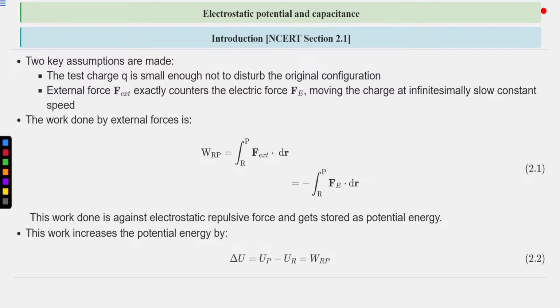Because we are moving the test charge against the repulsive forces. So potential energy at P is greater and potential energy at R is smaller. And this delta U is the work done to move the test charge from R to P. So we have to do the work against the electrostatic force, so this potential energy will be positive.